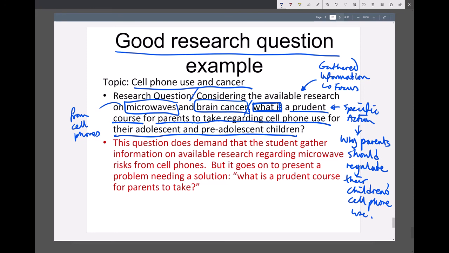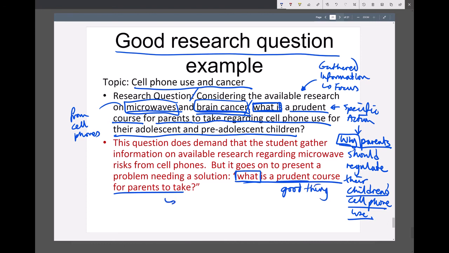So here, you end up with a why question specifically about parents regulating their children's use of cell phones, maybe because the microwaves from the cell phones, if you use too much, would put you more at risk of brain cancer. That provides a solution to the question, what is a prudent course of action? What is a good thing for parents to do to protect their children?